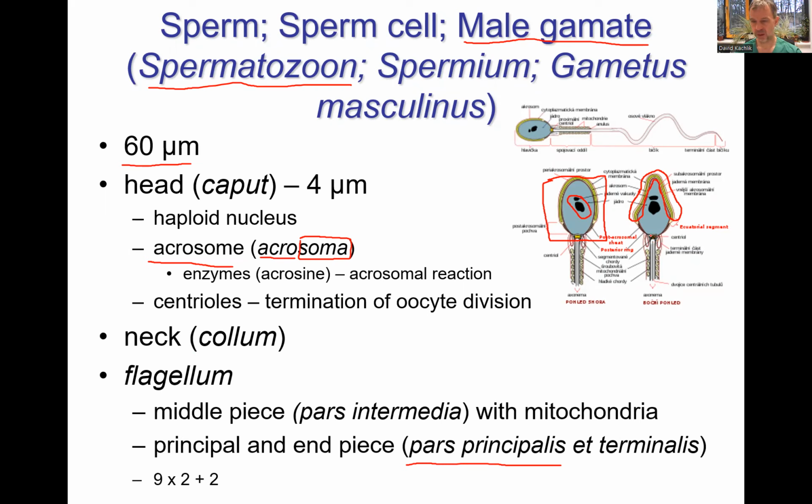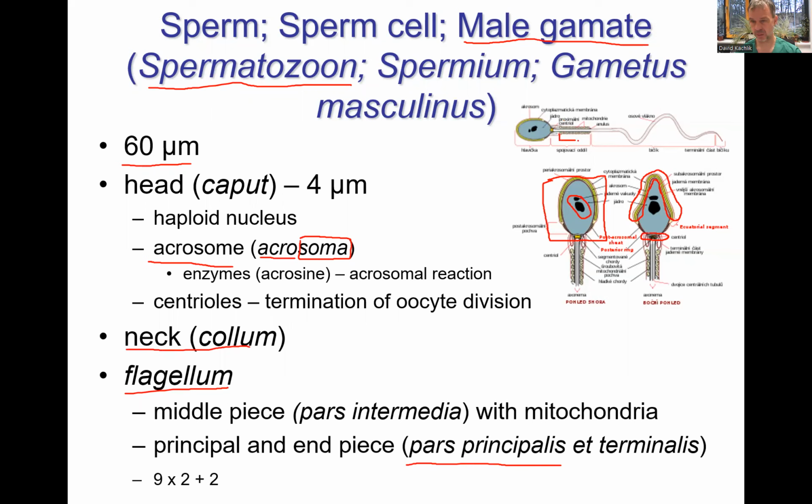We have a neck, and the neck contains centrioles, and the centrioles here are mainly for production of the axoneme, which is the main structure of the flagellum to allow the movements. So that's the neck, and then we have the flagellum, and the flagellum consists of three parts.